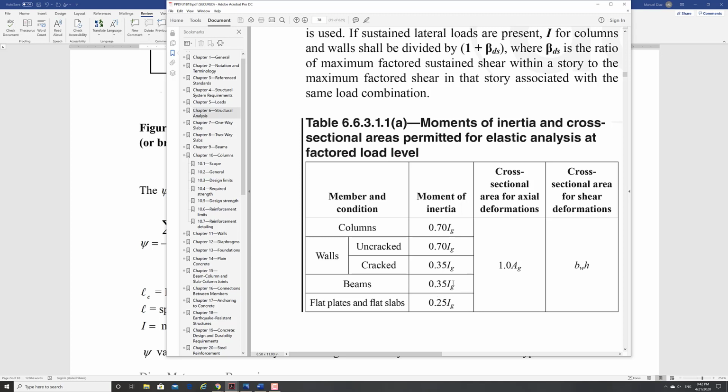Beams should be 0.35 of the gross value. So you should be using these numbers to find your moment of inertia.